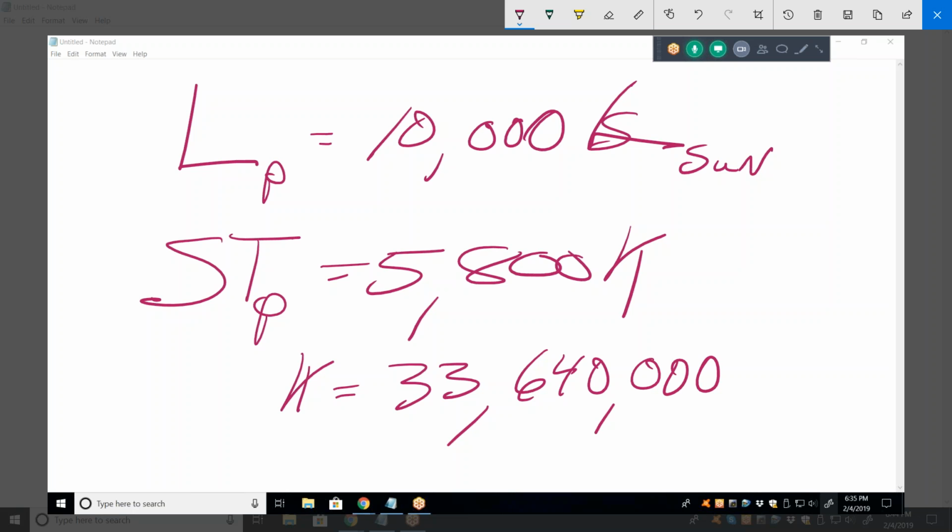Okay. So what we know is that the surface temperature is directly related to the temperature. Hold on. Let me think for a second.